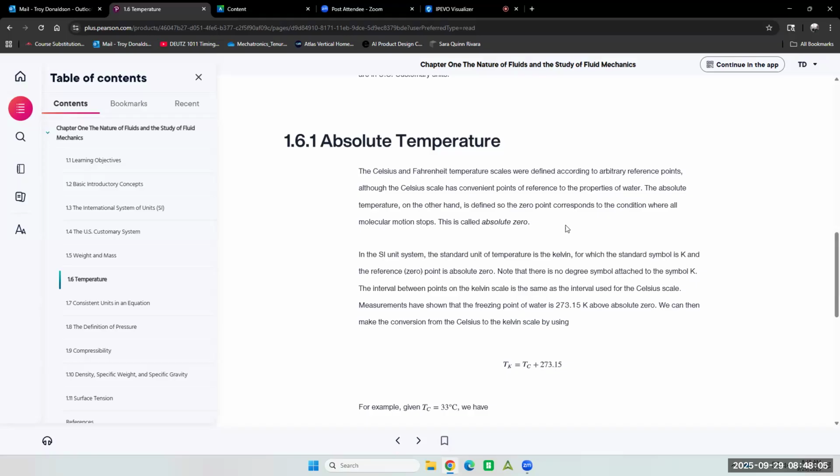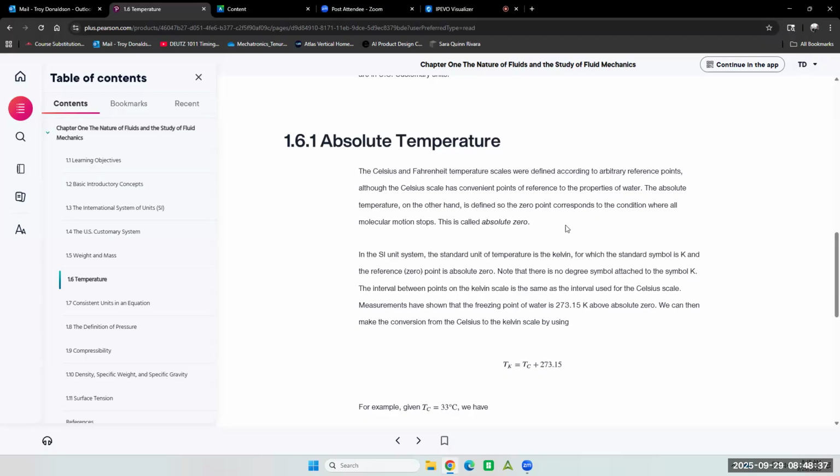So Kelvin starts at 0, and at 0, there is no molecular motion. If you don't remember your chemistry or your physics, all objects have molecules that are moving. So this calculator right here, even though it's a solid, there are little molecules in there, and those molecules are vibrating. Very, very small vibrations, right?